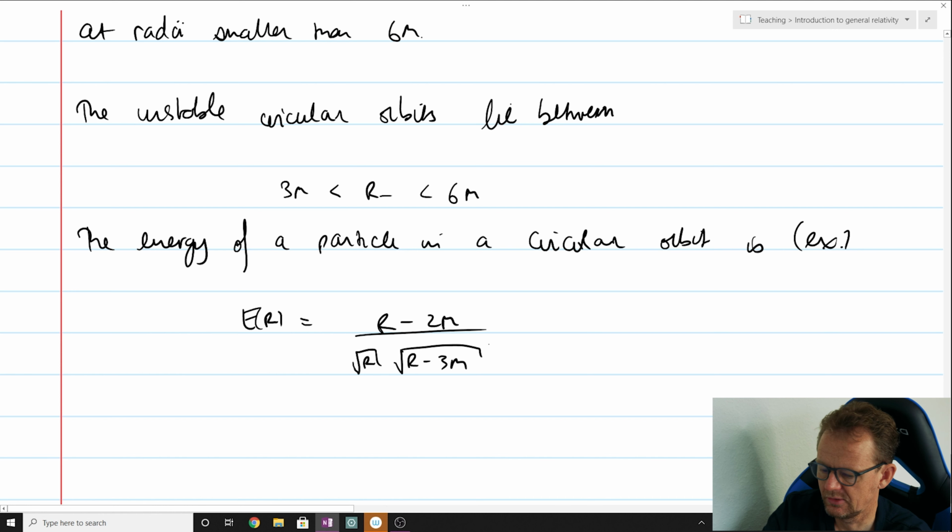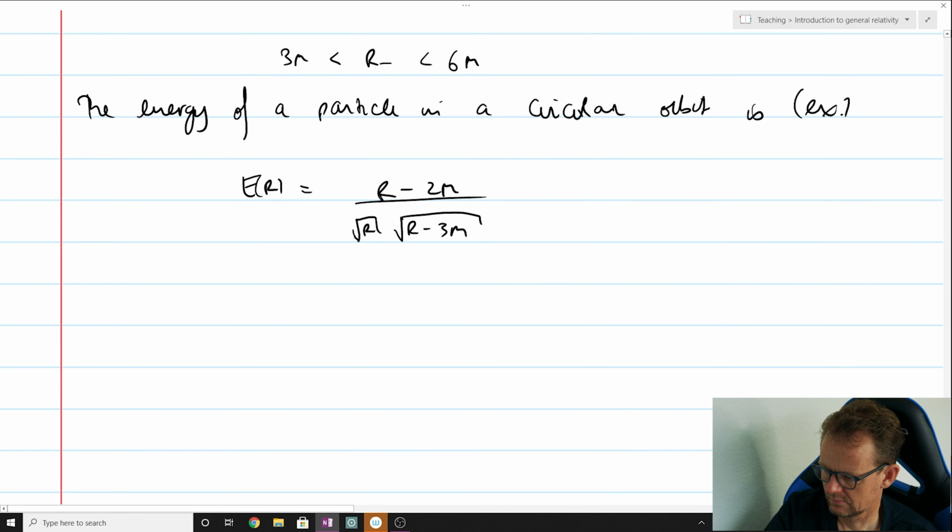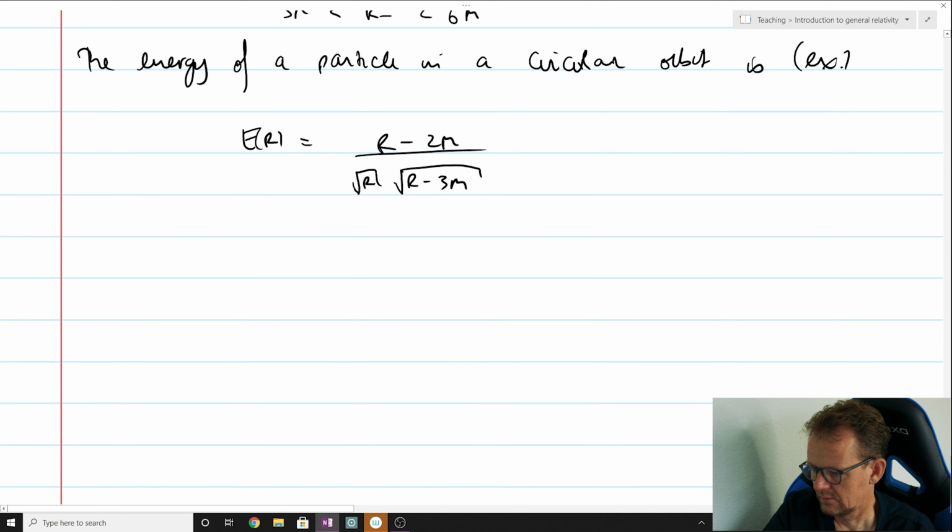This will turn out to be kind of interesting in a second. So for small radii, like if r is less than 4m, the energy is greater than 1.